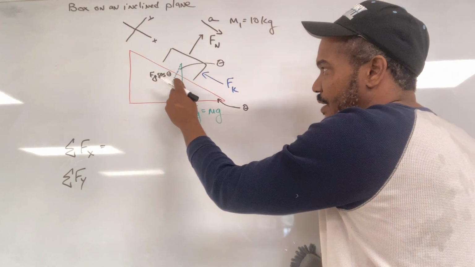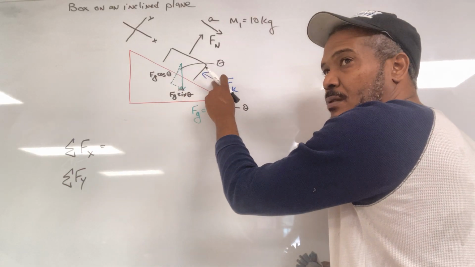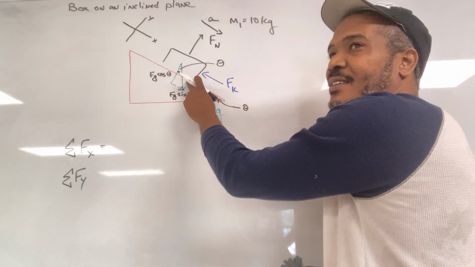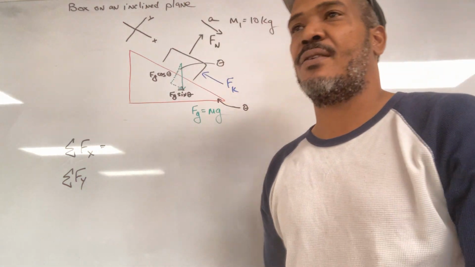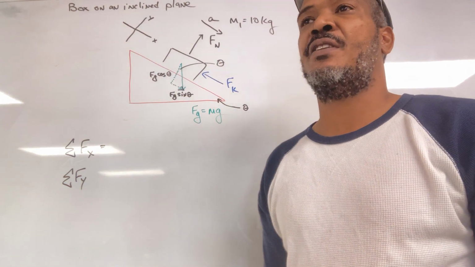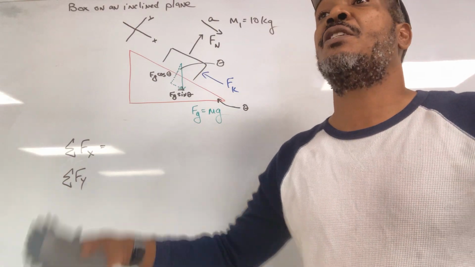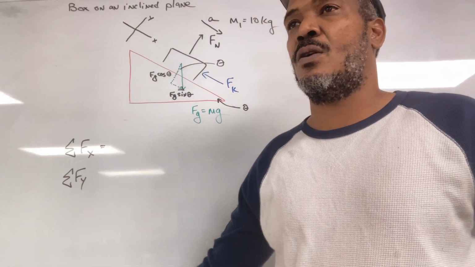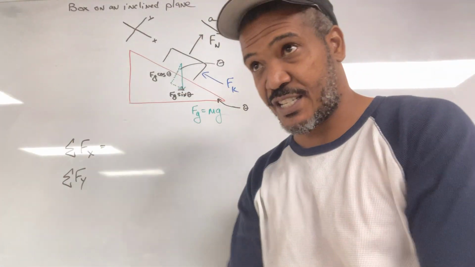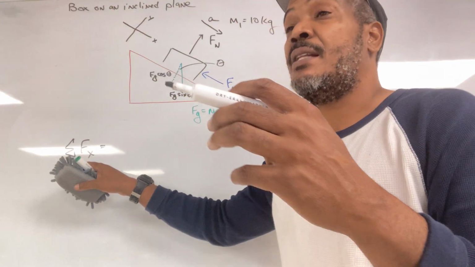This projection here opposes this force. This one opposes nothing because gravity works straight down. Gravity doesn't work on an inclined plane. It just works straight down no matter what happens. So we have to take the projections to actually make this make sense.